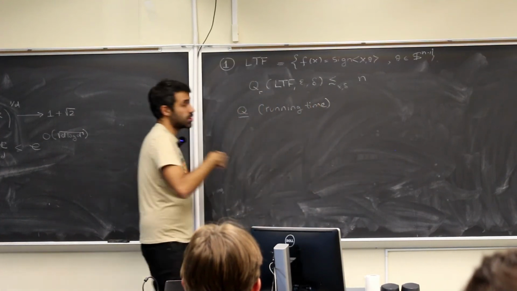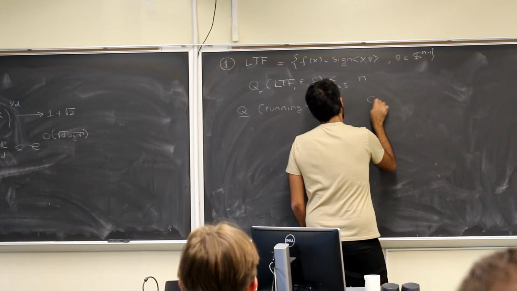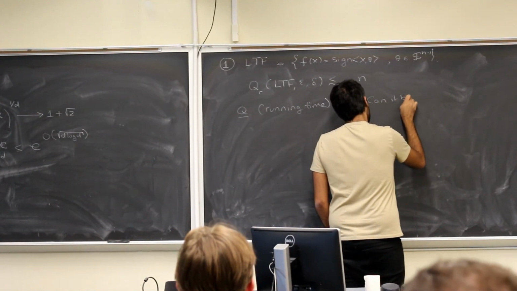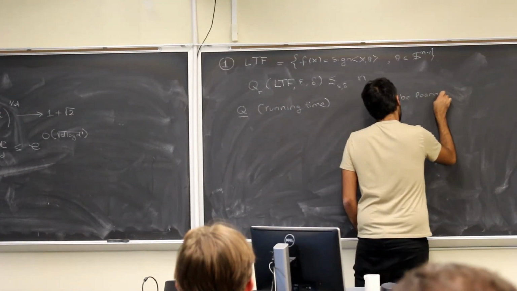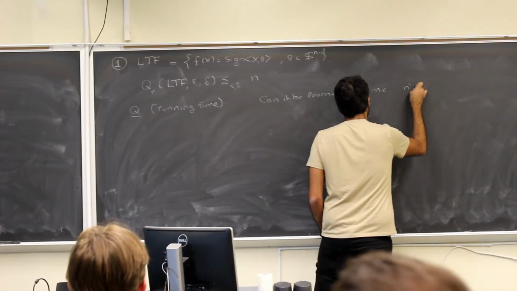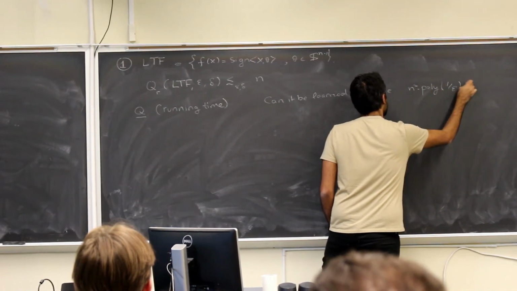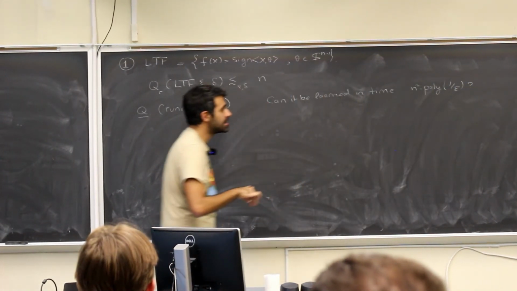If you want to construct an efficient algorithm that does it, the conjecture is whether it can be learned in time n squared times polynomial of 1 over epsilon. This is related to what's called the Chow parameter problem in Boolean analysis and learning.